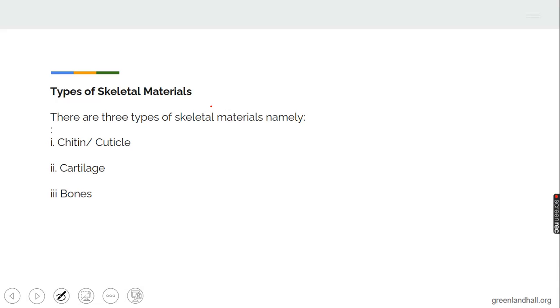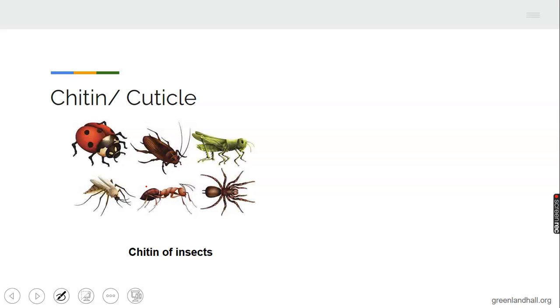There are three main types of skeletal materials, namely chitin or cuticle, cartilage, and bones. Chitin or cuticle is found in the outer part of insects. As we can see, the illustration there is showing different insects.